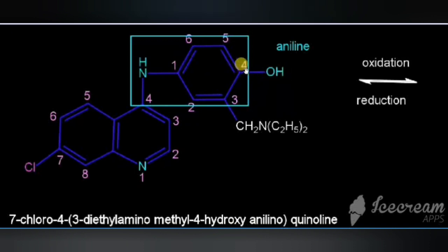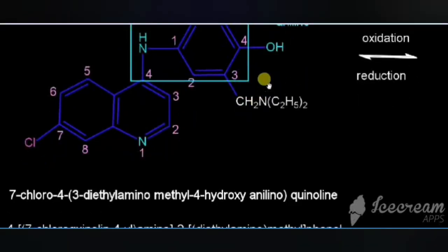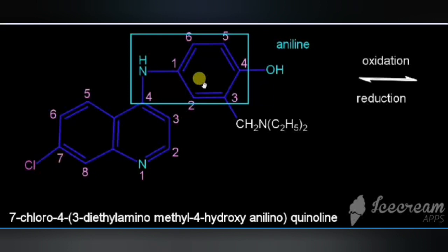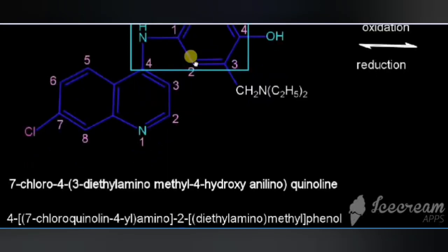For the phenol, this is the first carbon, this is the second one, this is the third, this is the fourth. With the 4th carbon an amino group is attached and with the amino group quinoline would be attached. Now we will see the chemical name of Amodiaquine by means of phenol. It should end with phenol. The 4th carbon is connected with the amino group, and with the amine the quinoline would be attached, that is why 4 open bracket.